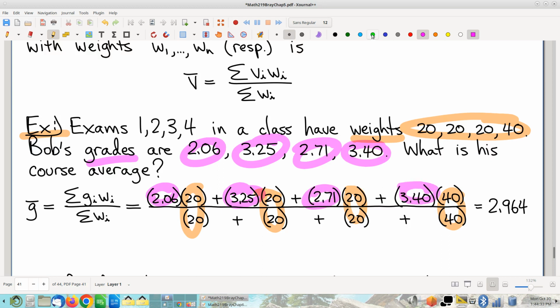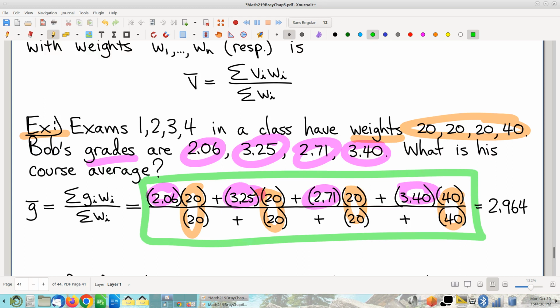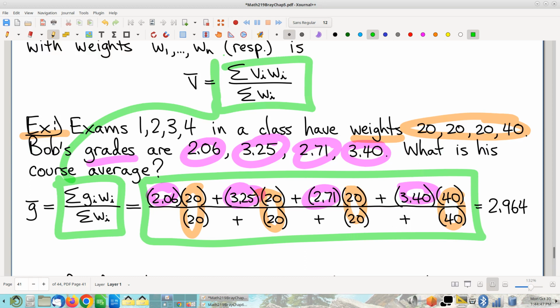And notice that what we have then is all of this arithmetic is just kind of a fleshed out representation of this weighted average formula, where I'm literally stealing straight out of that formula right there, and arithmetic ensues. And as it turns out, this weighted average is this number right here, which of course is just a little bit under what you might call the stereotypical, the standard B. And so Bob would get a, it rounds up, and Bob gets a B. Does that make sense to everybody? Okay. All right. Okay.